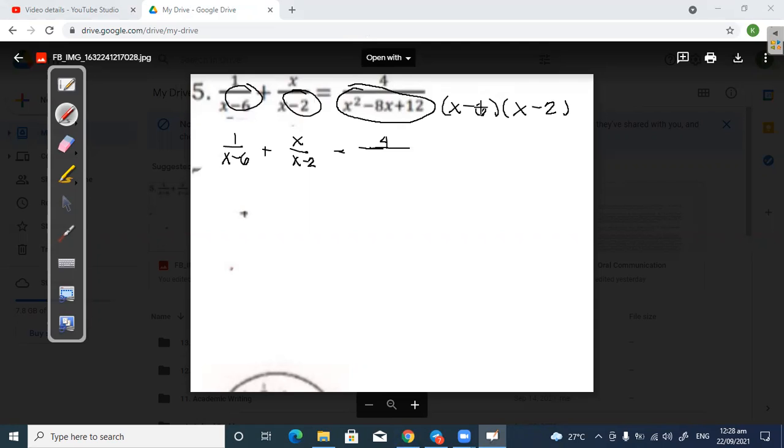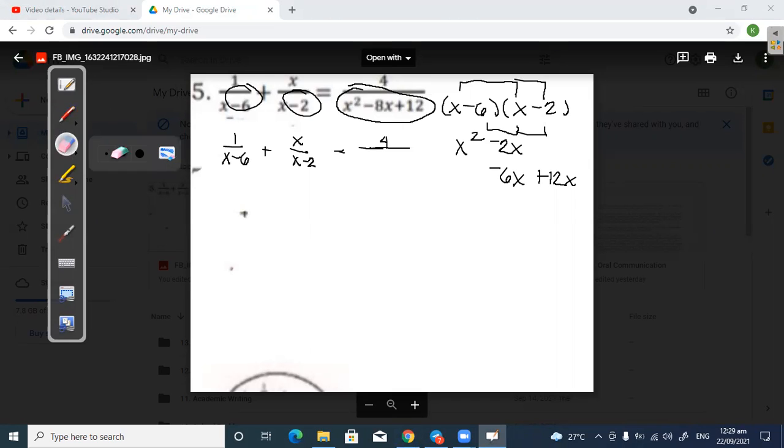Kasi, negative 6 times negative 2, that is positive 12, and negative 6 plus negative 2, or negative 6 minus 2, simply, that is negative 8x, right? Negative 8. Or, if you're still in doubt, pwede natin siyang i-FOIL. X times x, x squared, then x times negative 2, that is negative 2x, and negative 6 times x, that is negative 6x, negative 6 times negative 2, that is positive 12 lang, sorry.